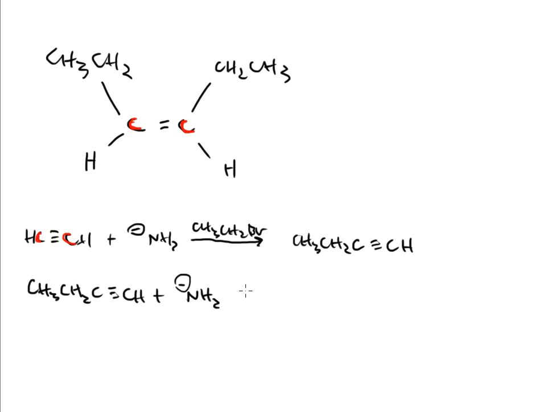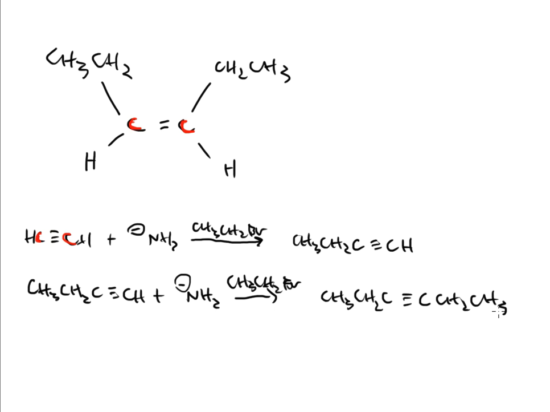So I'll add another round of amide with another round of ethyl bromide. And now I'll rip the hydrogen off the right-hand side. And I end up with this. Getting closer.